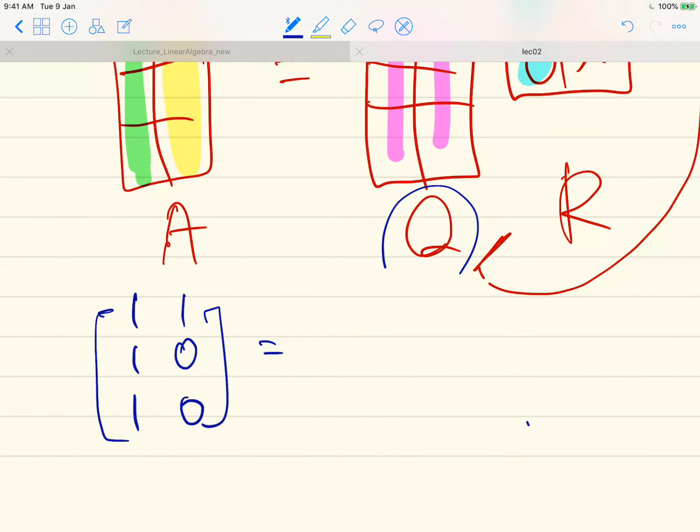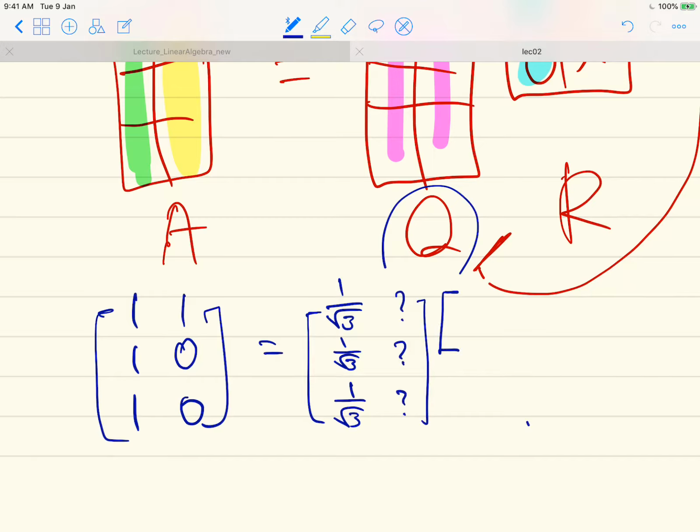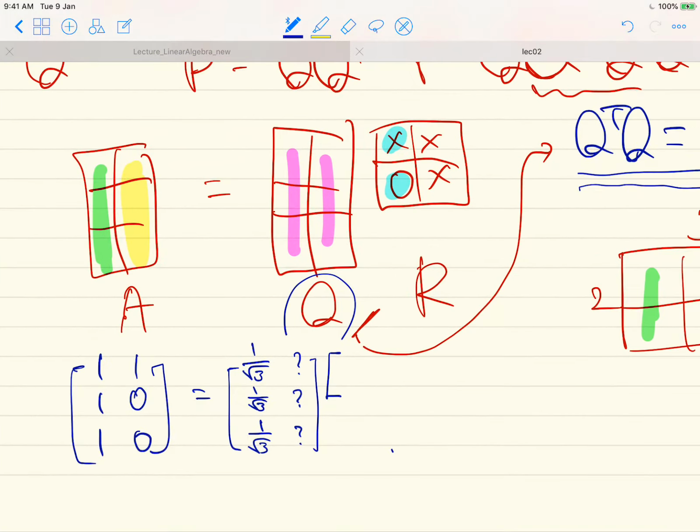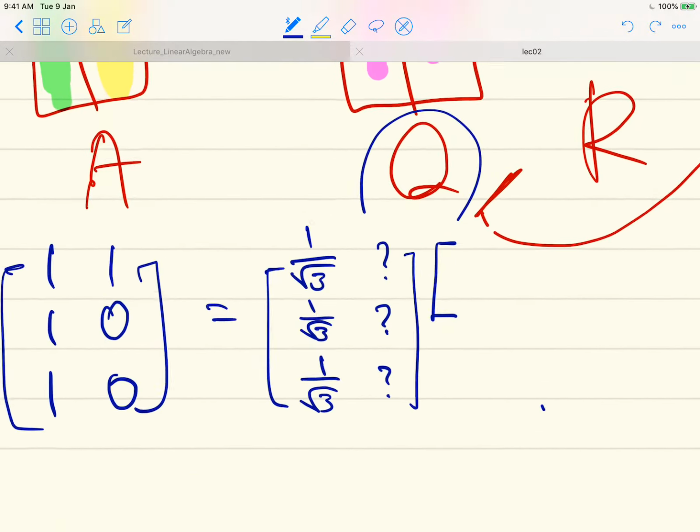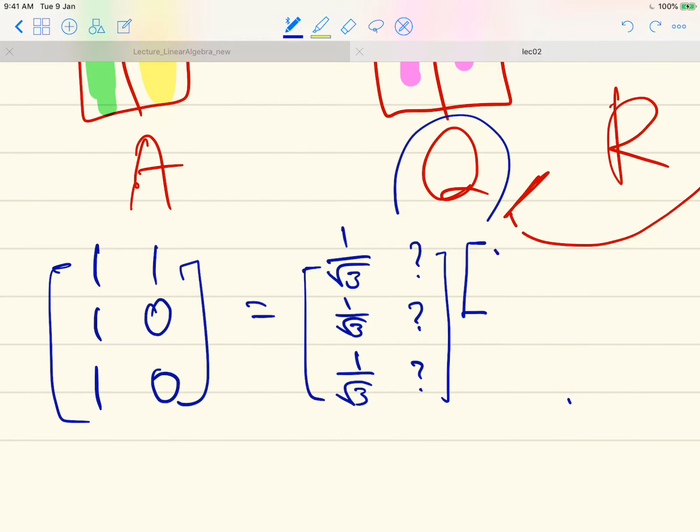Q is... and we don't know the second column yet, but we have no problem constructing the first column, corresponding to this green part, as the linear combination of these two, and that linear combination will be this. So this is how we build this matrix decomposition through our Gram-Schmidt process.